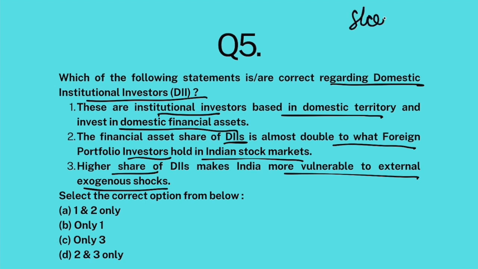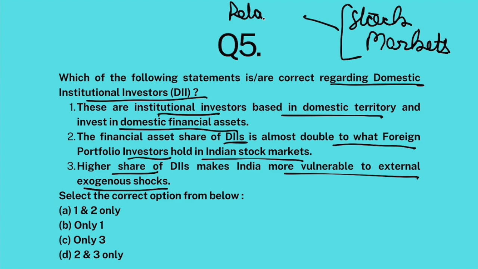Well, there are many investors in stock markets. When individuals like you and me invest in stock markets, we are called retail investors. But when big institutions like mutual funds, insurance funds, pension funds, banks invest in stock markets, they are known as institutional investors.